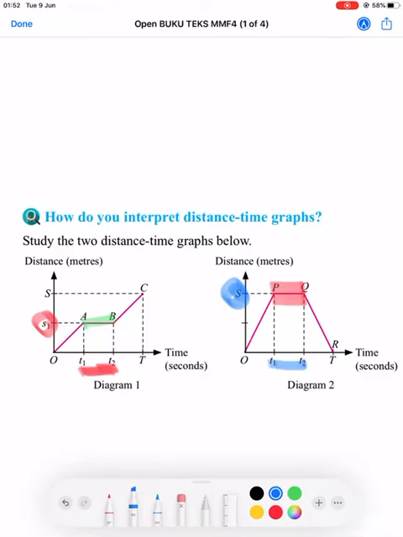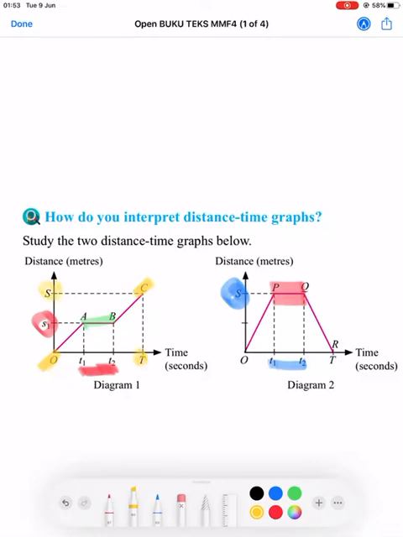Next we want to talk about the motion. For the first diagram, from location O to location C, what can we say? The motion of S meters in a period of T seconds.